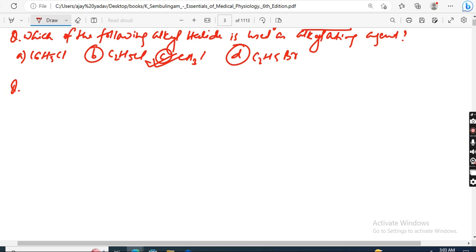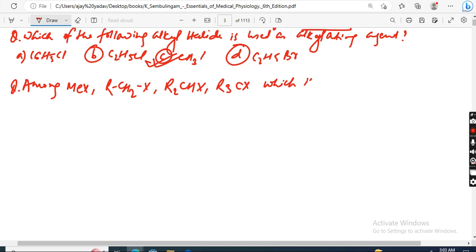So next question: among MeX, RCH2X, R2CHX, R3CX, which is most reactive toward the SN2 mechanism?